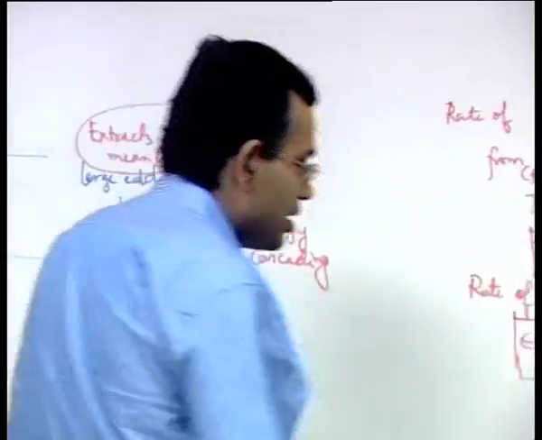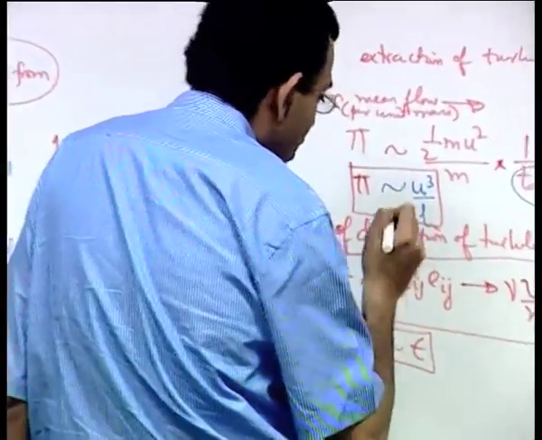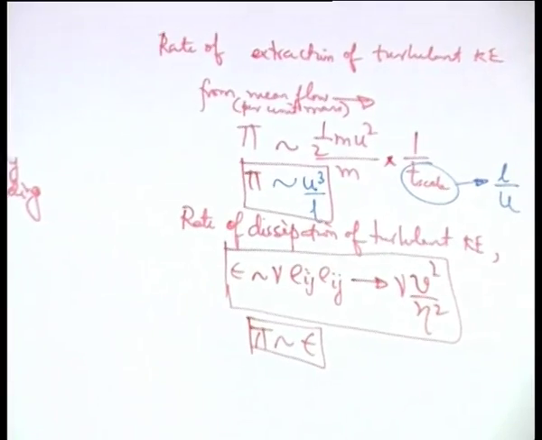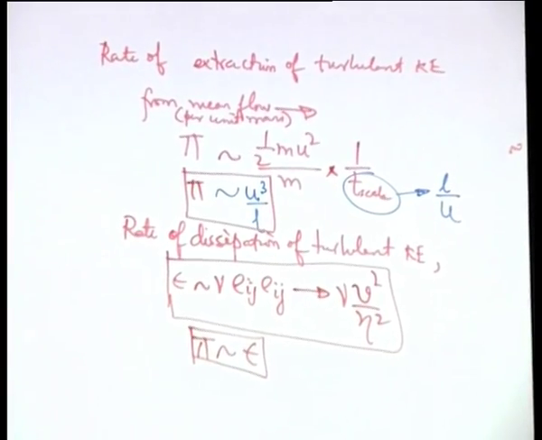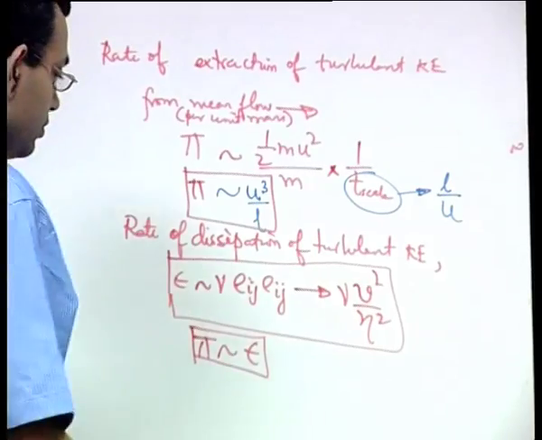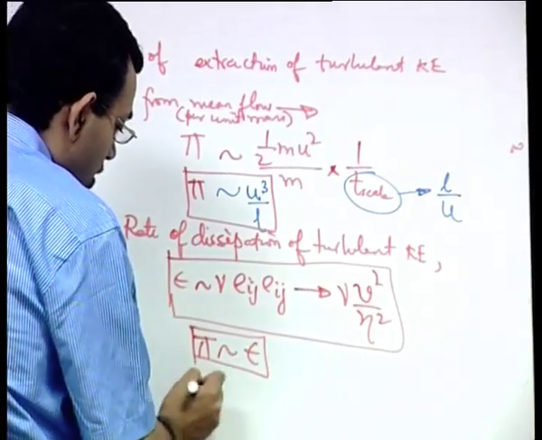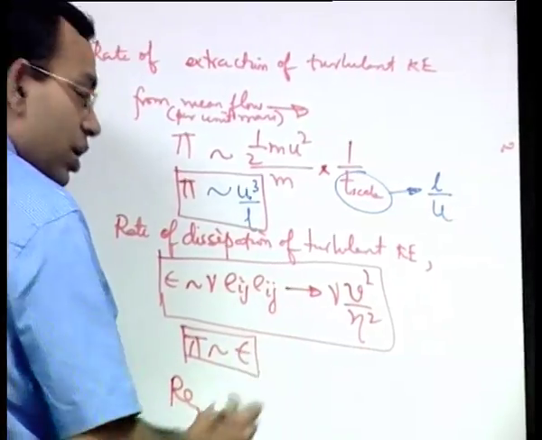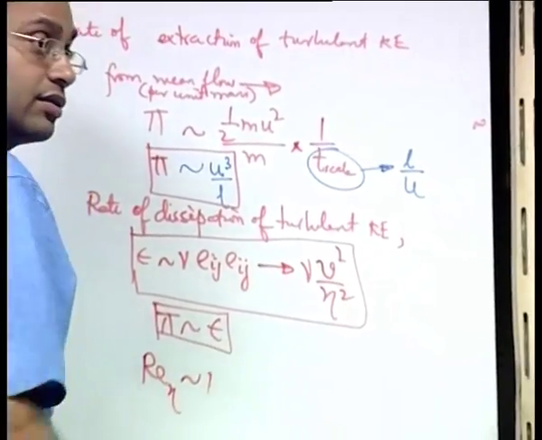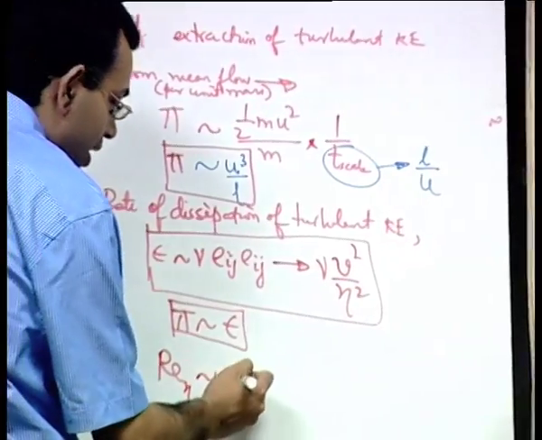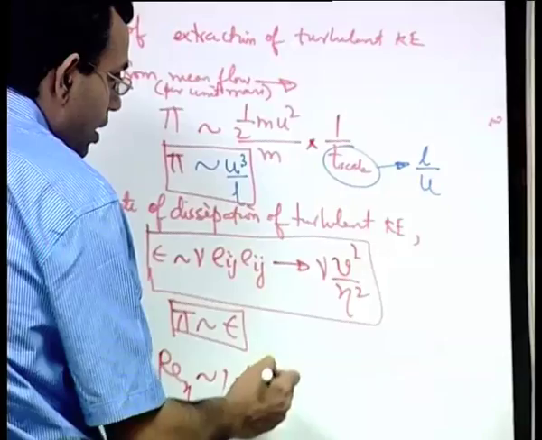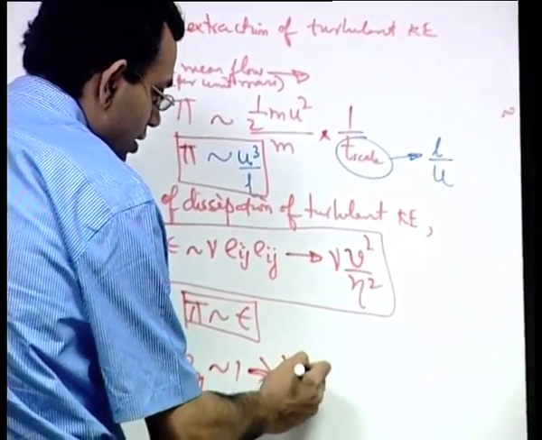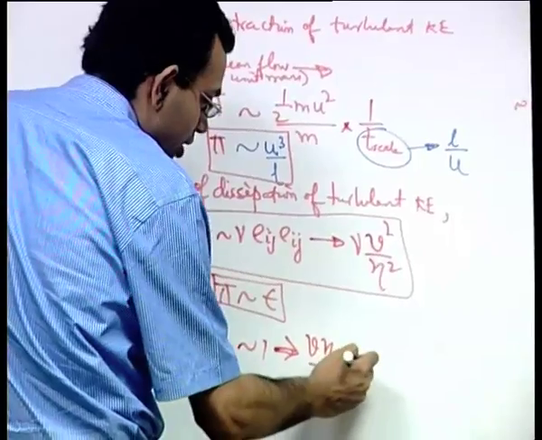So pi is of the order of epsilon, and the other constraint is that the Reynolds number based on the smallest eddy length scale is of the order of 1. This we have just discussed why. So that will imply that V eta by nu is of the order of 1.